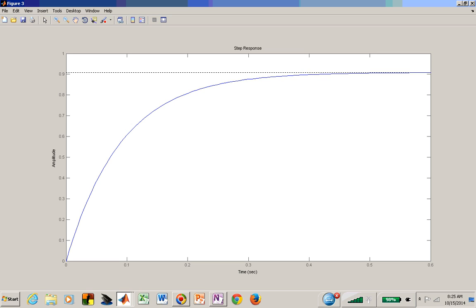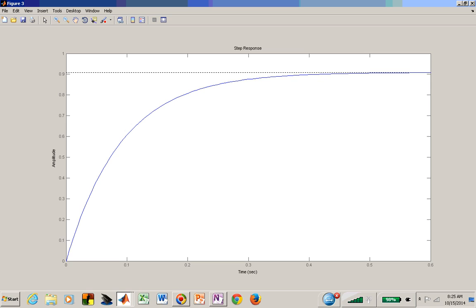Does that seem consistent with what we just computed? We commanded this system to go to 1 with a unit step. We want to go to 1. Where did it go? A little less. It went to within a tenth, didn't it? It went to 0.909.